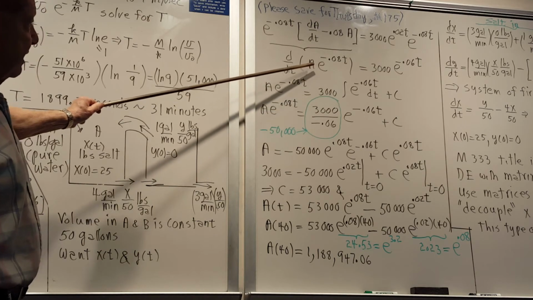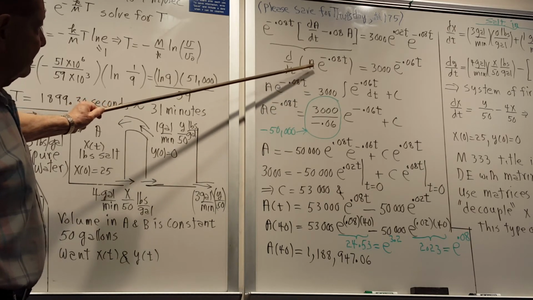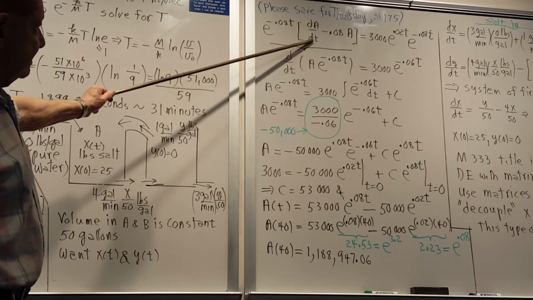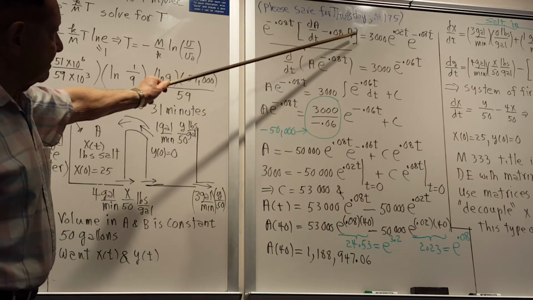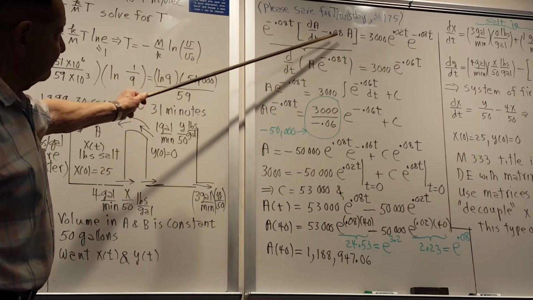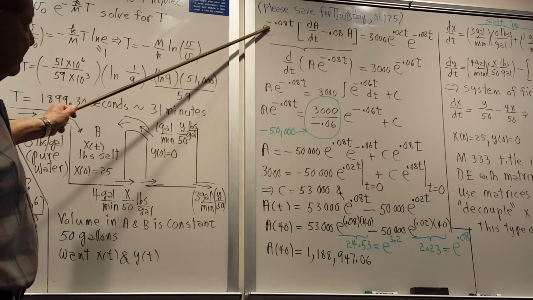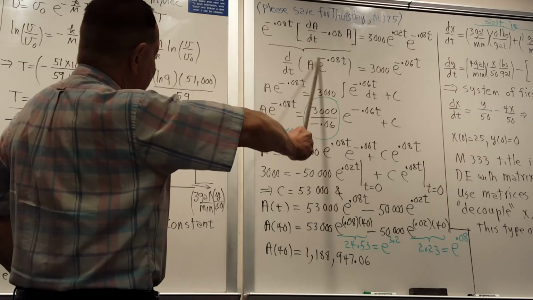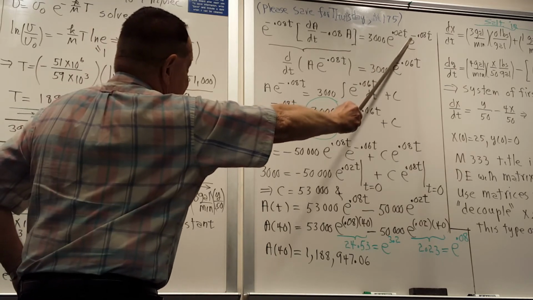And you can check that because you have the derivative of this factor, which is the dA/dt times this one, and then you have the A, and the derivative of this, which gives you the minus 0.08, and then I factored out the exponential. So the derivative of this product is there, and that equals the right-hand side.